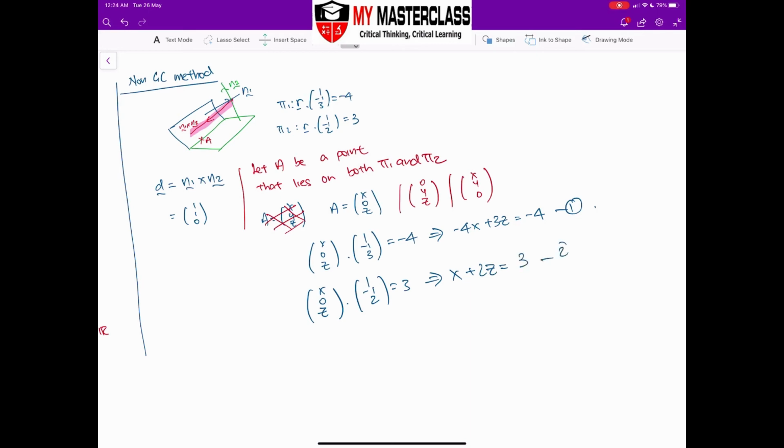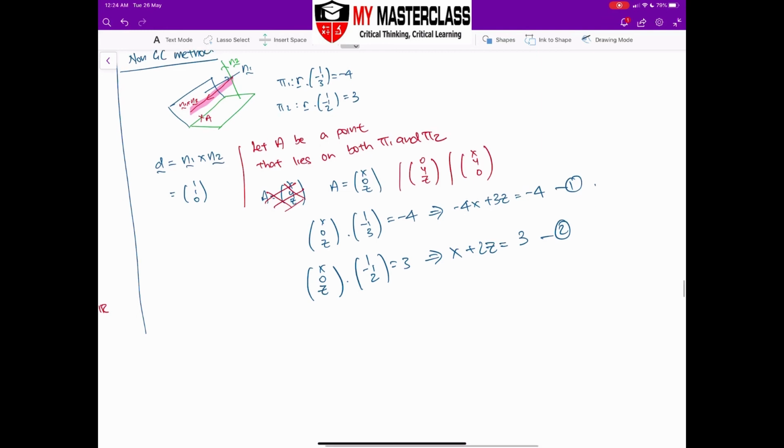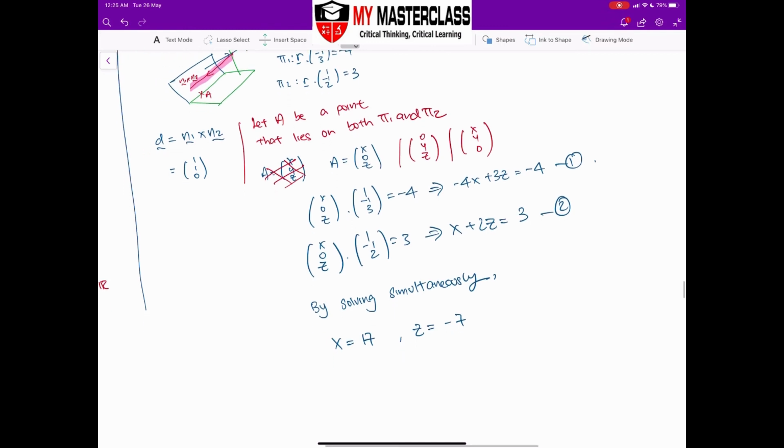So you realize that I can only form 2 equations. Hence, I can only afford to have 2 unknowns. By solving simultaneously, I should derive x equal to 17, z equal to -7. If you cannot derive, kindly check your working. You should be able to derive these 2 values.